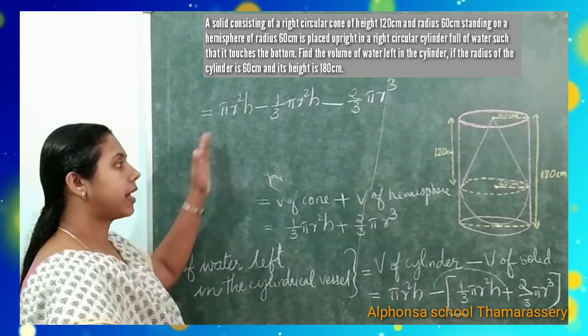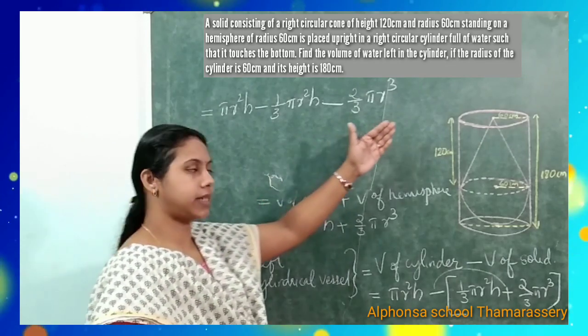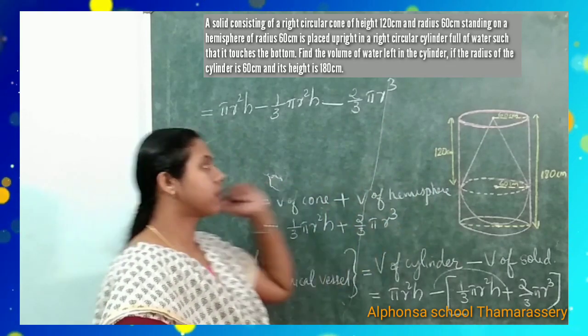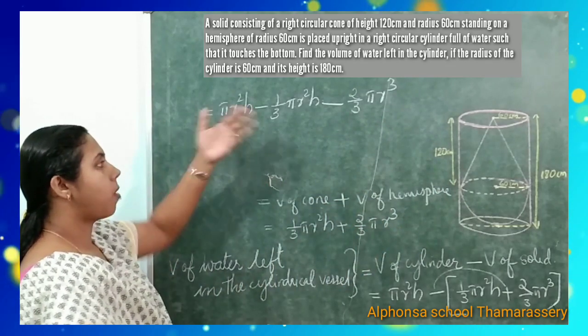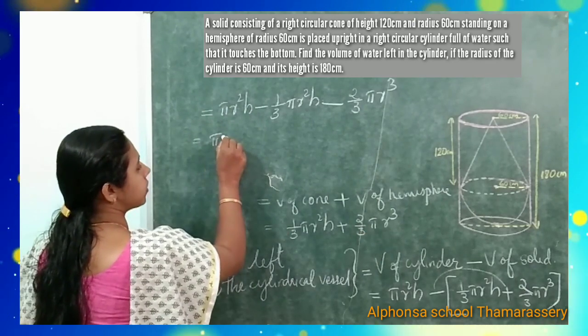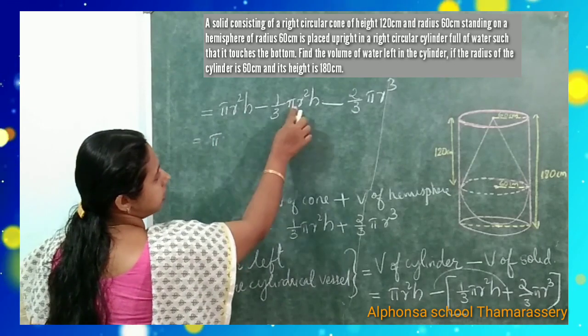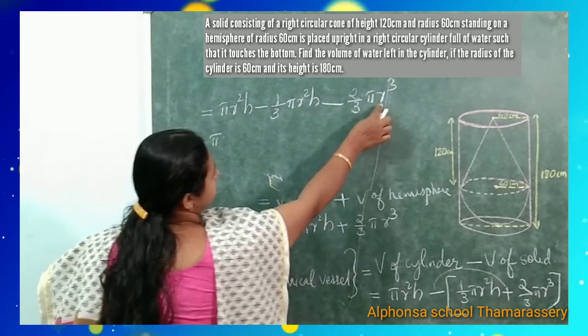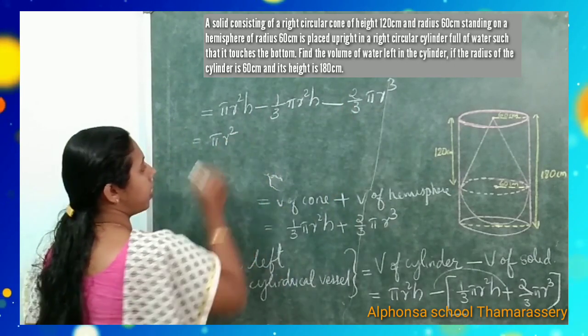Now we know that the radius is same in all these three cases, so we can take the common factors out. Pi is common and the radius is common, so here r square is there, here also r square, you can take pi r square out.